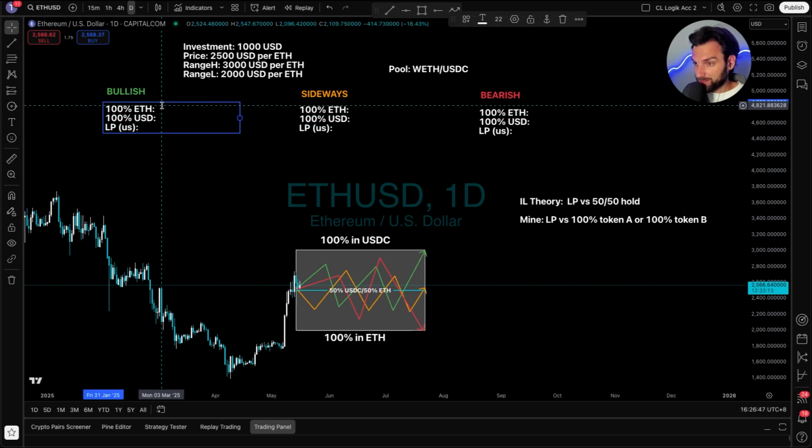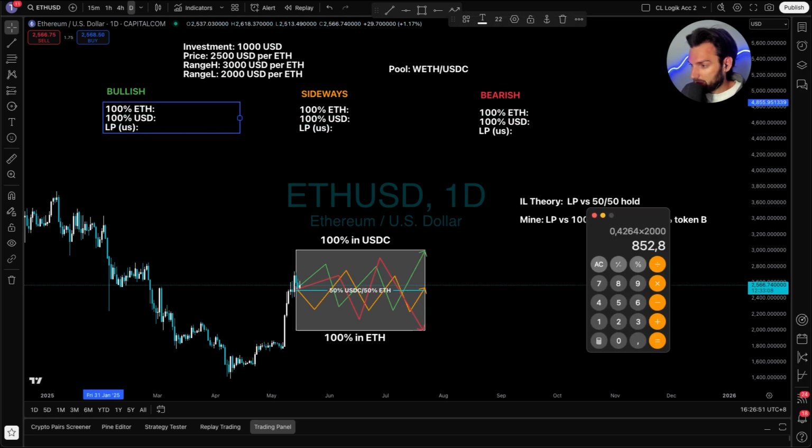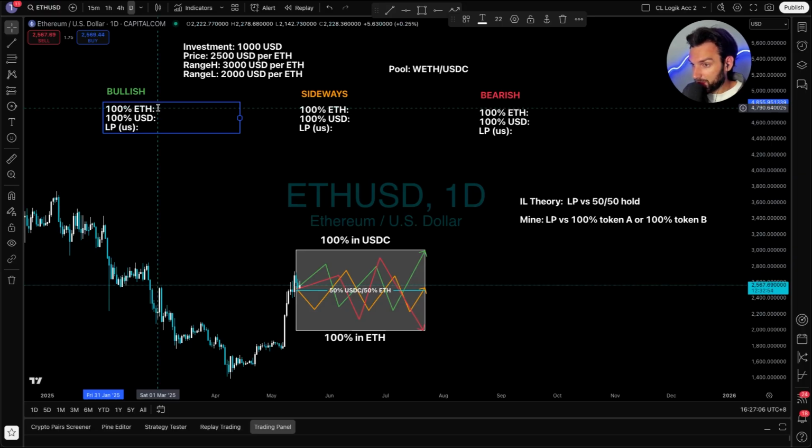Right? So a 100% ETH holder will have, and I'm going to draw up my calculator. He can buy, so $1,000, right, divided by $2,500 per ETH. He can accumulate 0.4 ETH at the price of $2,500. So 0.4 ETH.